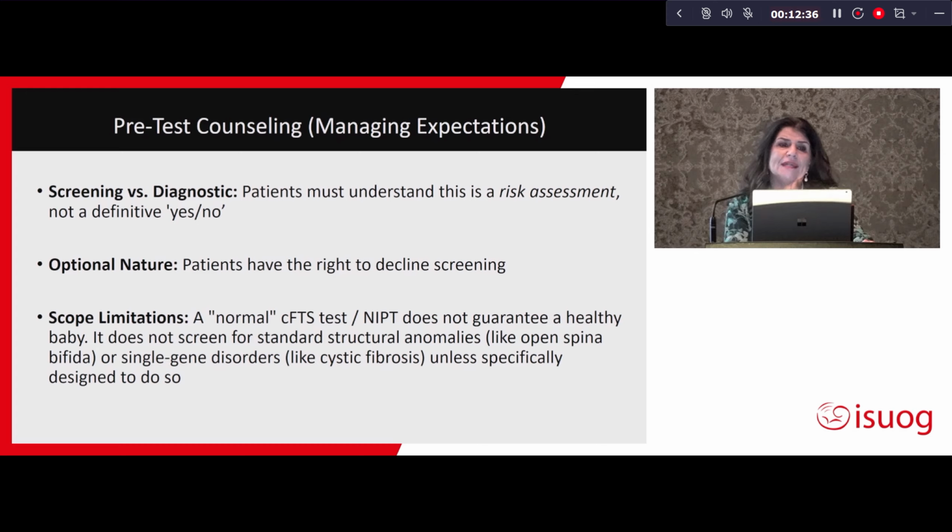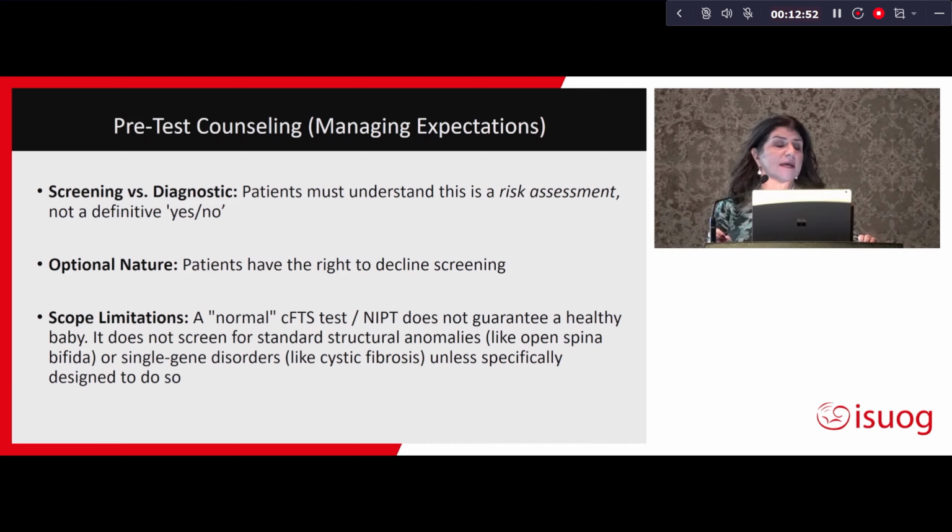What's very important with any of this testing is that you counsel your patients properly before and after. How many times have we seen patients who've been told their NIPT is normal, they come along for their 20-week scan, there are significant abnormalities, and they're very upset because they were told their baby's normal.